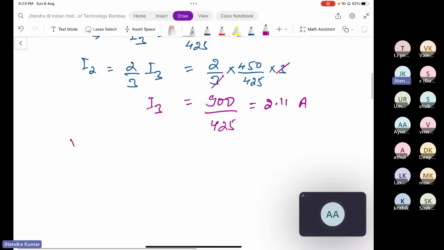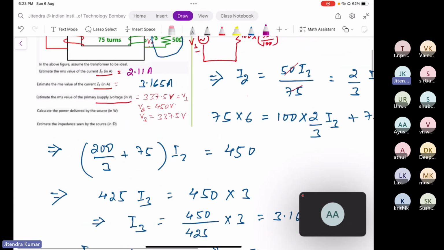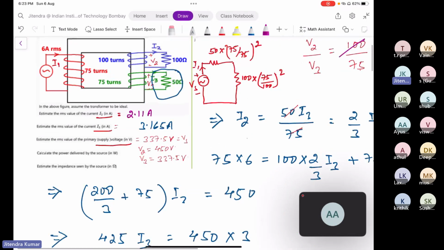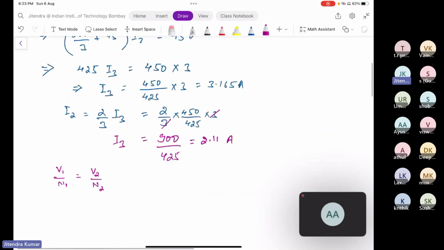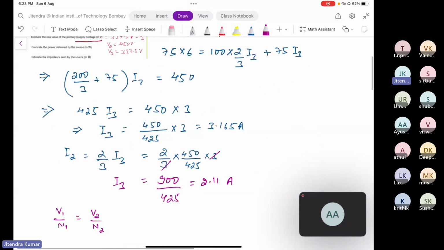So V1 by N1 is equal to V2 by N2. From the resistive approach, indirectly we find out the value of voltage in the secondary winding, right? V2 is equal to 100 I2. And we know, since we have calculated, I2 as 2.11 ampere.